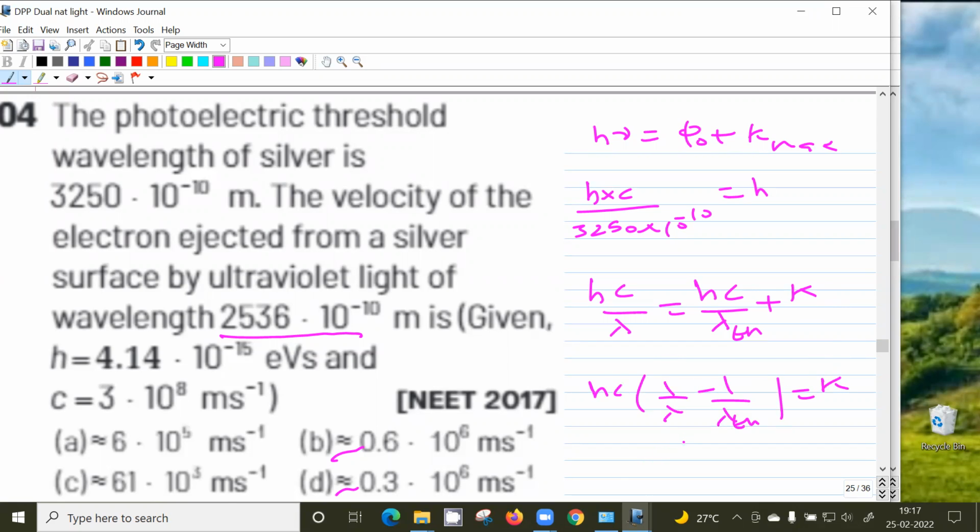Okay, 1 by lambda, 10 raised to 10 is there.